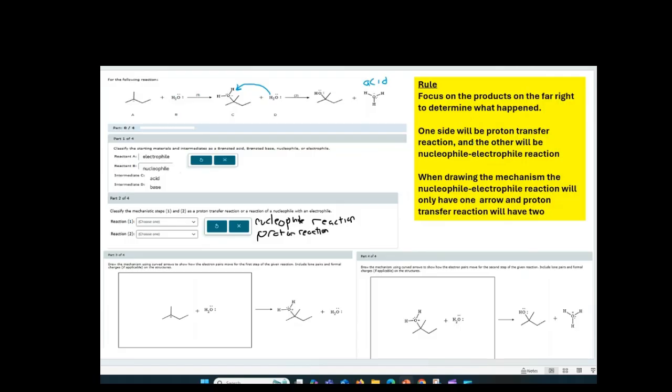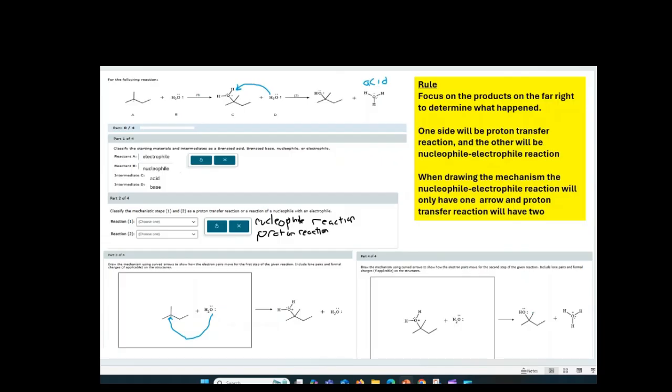And then my rule up here says that it's usually only going to be one mechanism, which is this oxygen with its lone pairs of electrons attaching right here to this carbon. As you can see on the product itself, the side right here pretty much tells you what happened. So this oxygen ended up just pulling in and bonding right here.